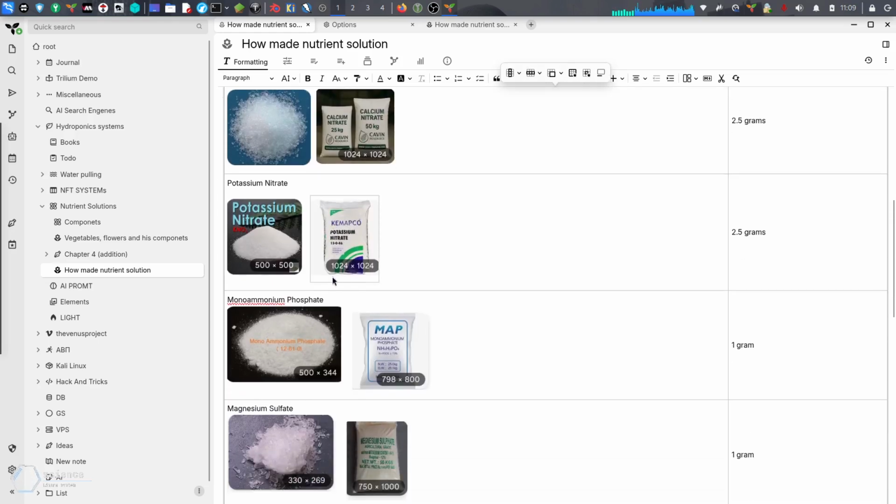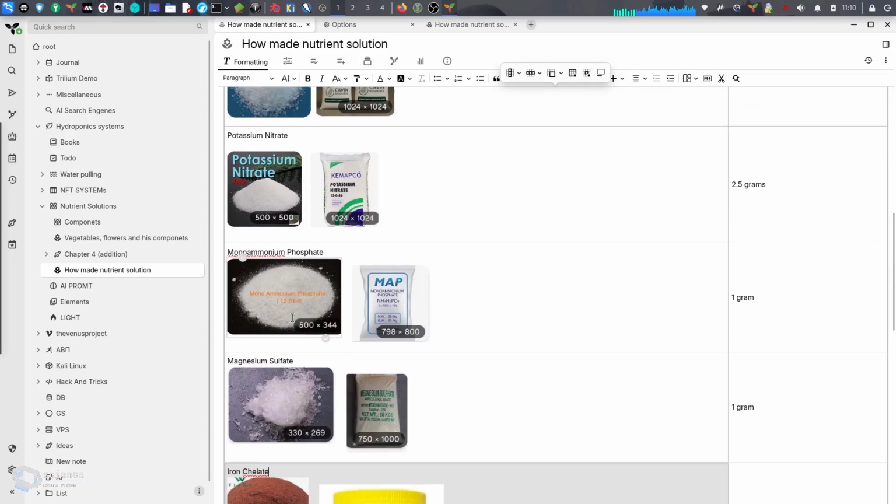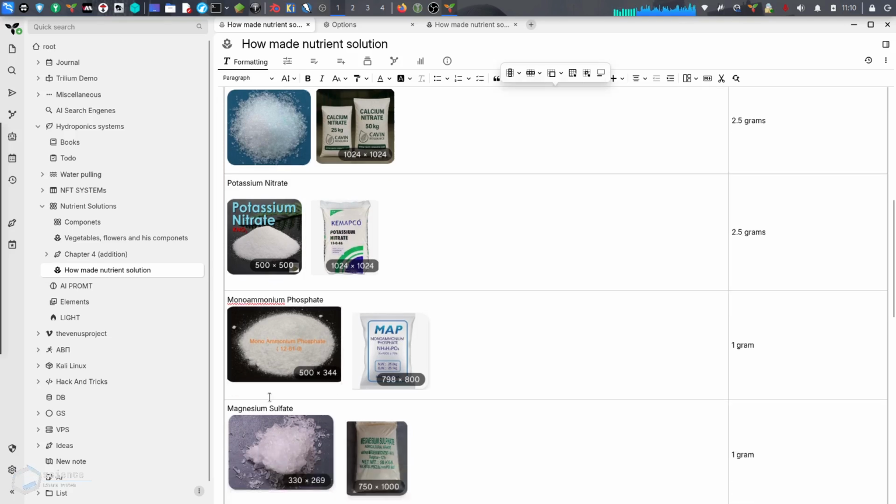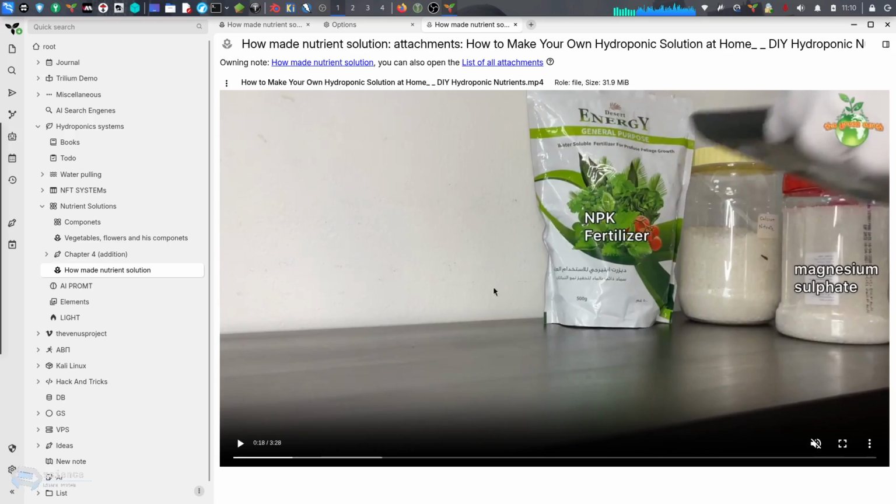He just bought a mixture, and it's calcium, monoammonium phosphate and magnesium sulfate, all components.